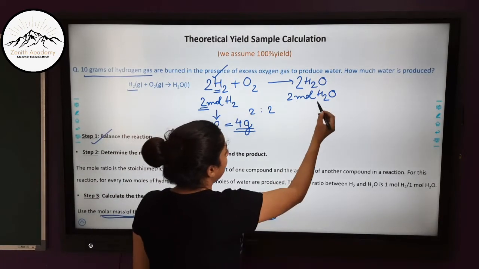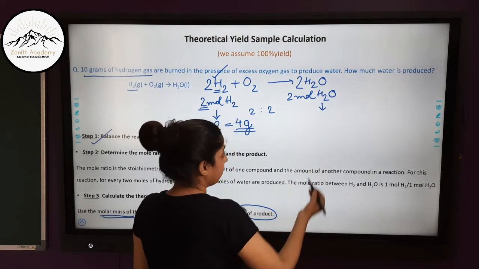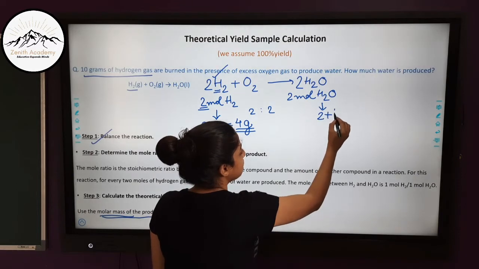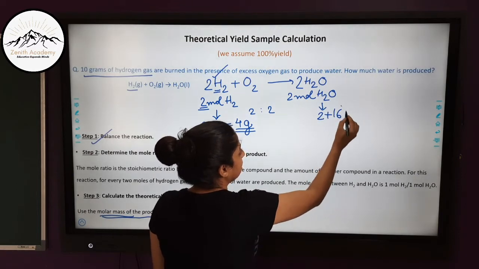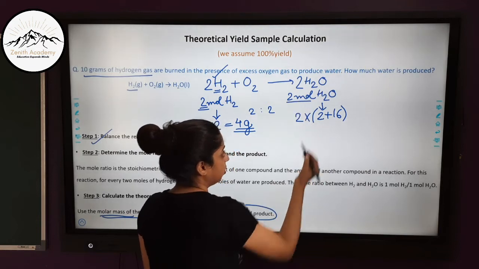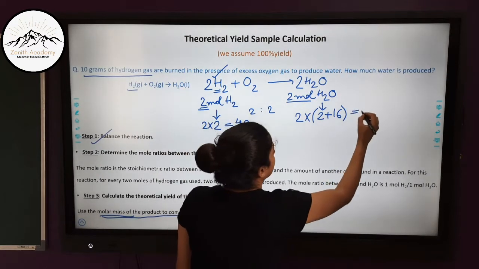how much? Now water. What is the relative molecular mass of water? H2, so this is 2 plus oxygen is 16. Now since it is 2 moles, I'll multiply it with 2. So 16 plus 2 is 18. 18 into 2 is 36.